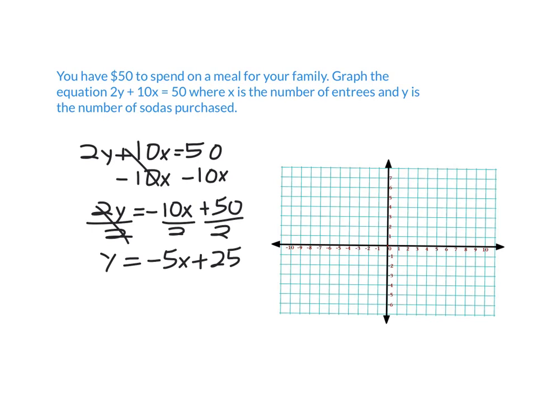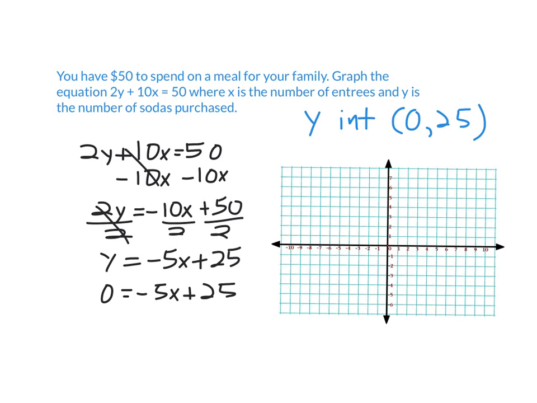My y-intercept is 0, 25. Now I need to solve for my x-intercept by substituting 0 in for y. I get 0 equals negative 5x plus 25.